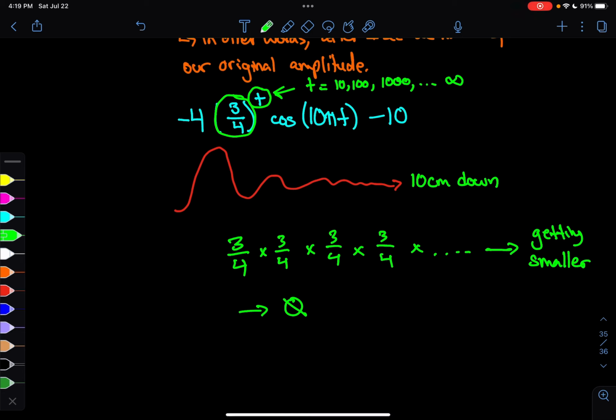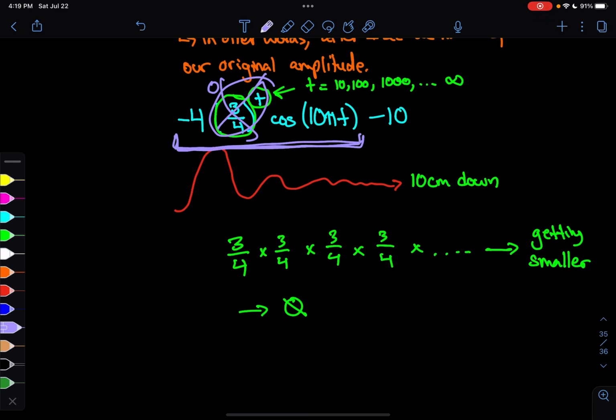If you keep multiplying 0.75 by itself a bazillion times, and this thing goes to 0, what happens to this entire quantity right here? Well, this entire quantity should go to 0, right? And what's that going to leave us with? It's just going to leave us with minus 10, which is where we said we should end up as time goes on forever and ever.